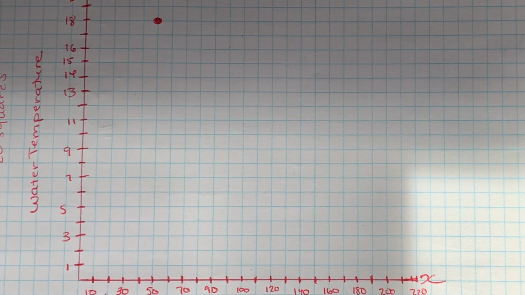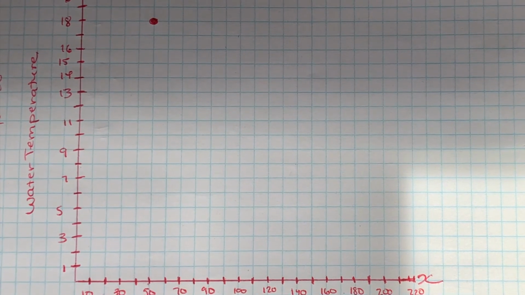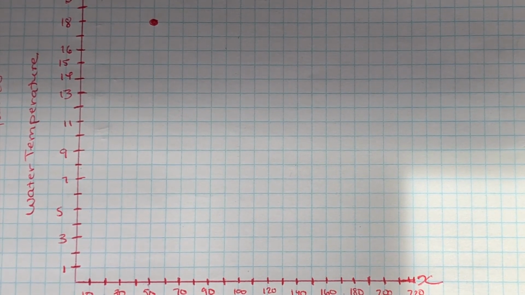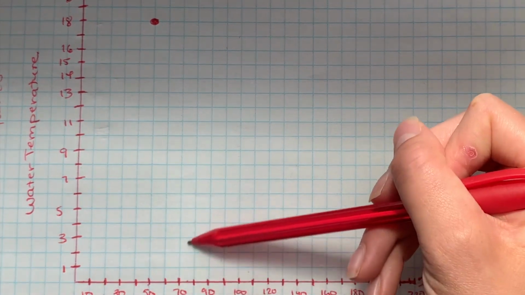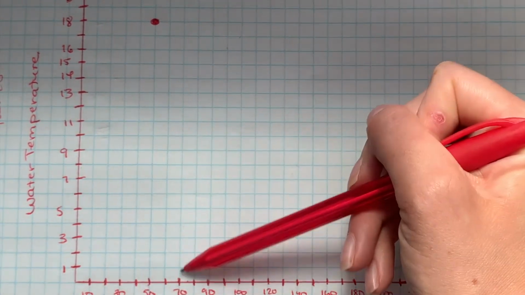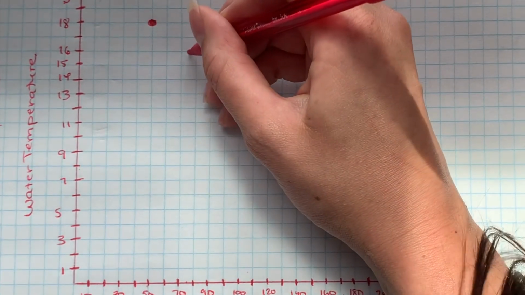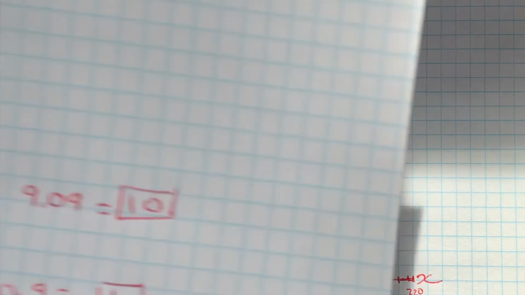This is where you will need to eyeball and find out approximately where 75 would lie. If I know that it's divided by 10, 75 is half of 10, so it should be somewhere right in the middle of my 70 and my 80. Right in the middle here is where that point should go. And again, that y value was 16, so I'm going to come all the way up here to 16 and plot my point right there. You will then continue this process for the rest of these data points.